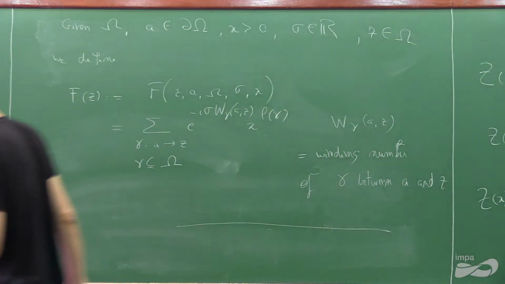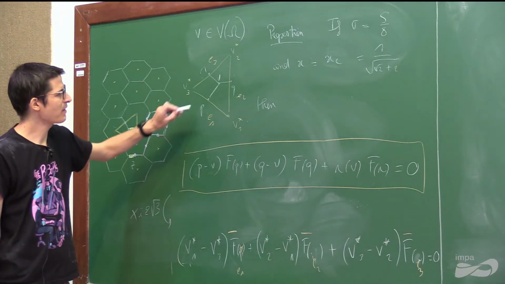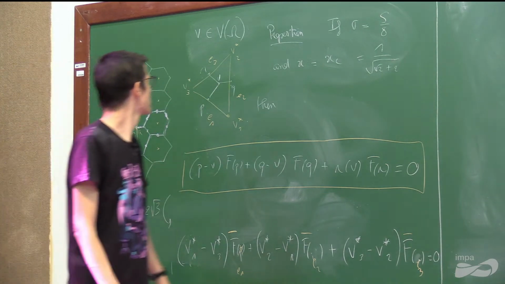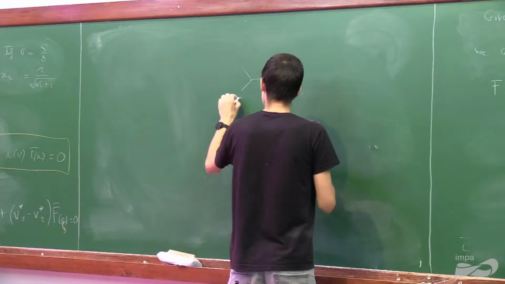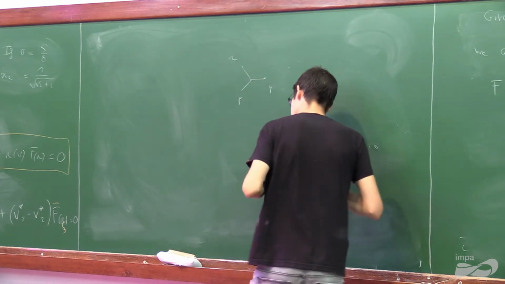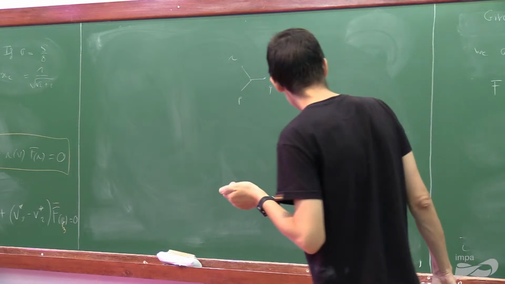So we are looking at walks that end up either at P, Q, or R. And so there are three possibilities.